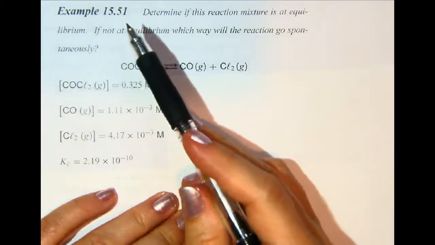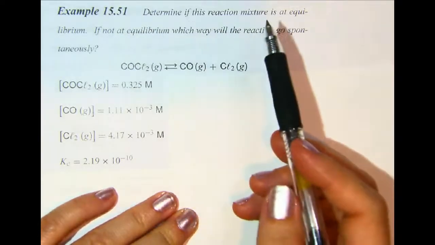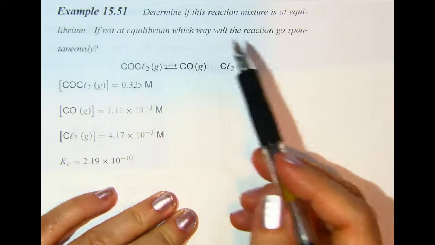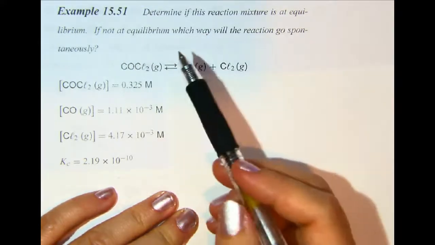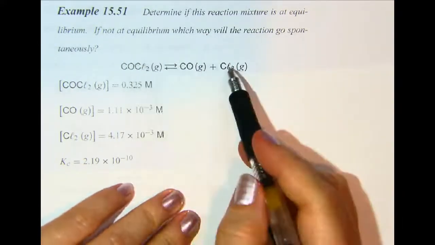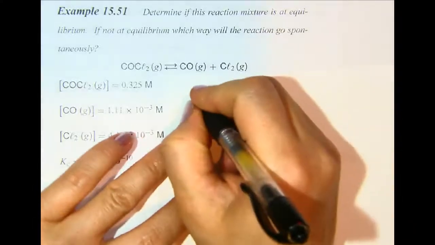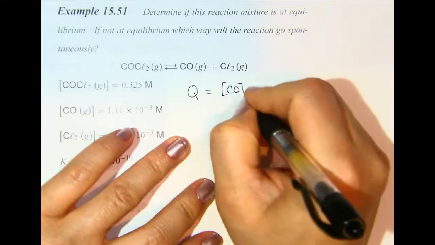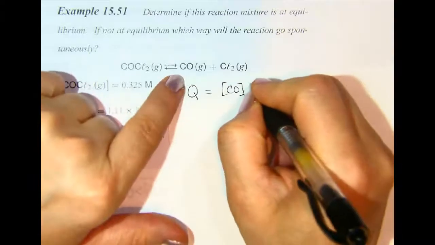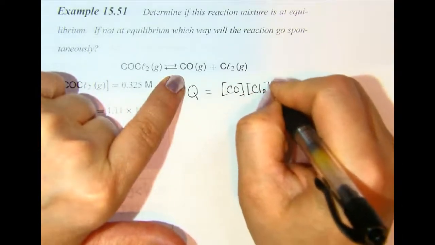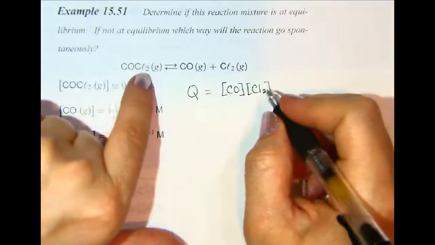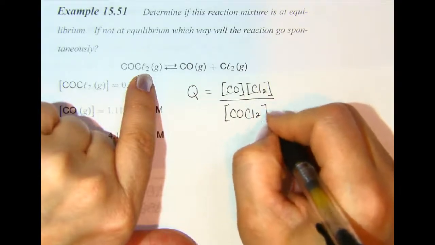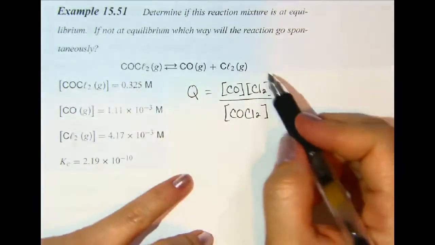So example 15.51: determine if this reaction mixture is at equilibrium. If not, which way is the reaction going to go spontaneously? Here's our reaction, and Q is equal to carbon monoxide gas times chlorine gas divided by COCl2, and all of these are raised to the first power.